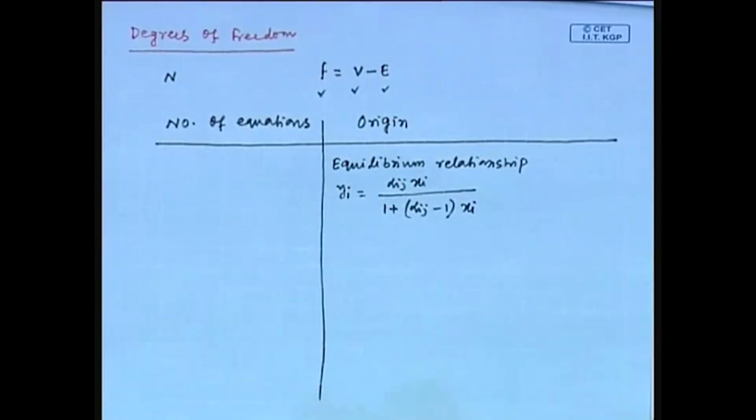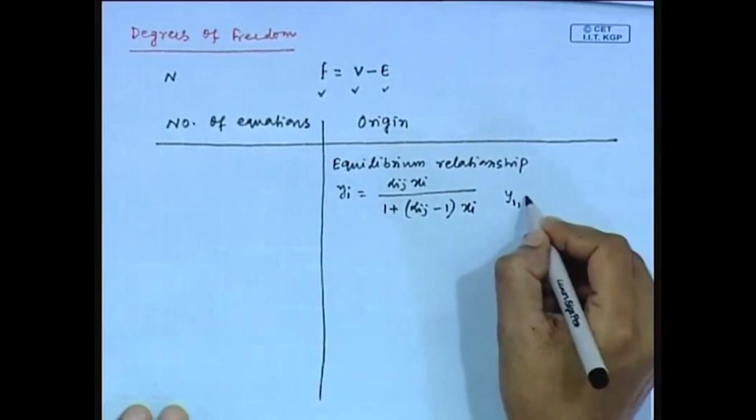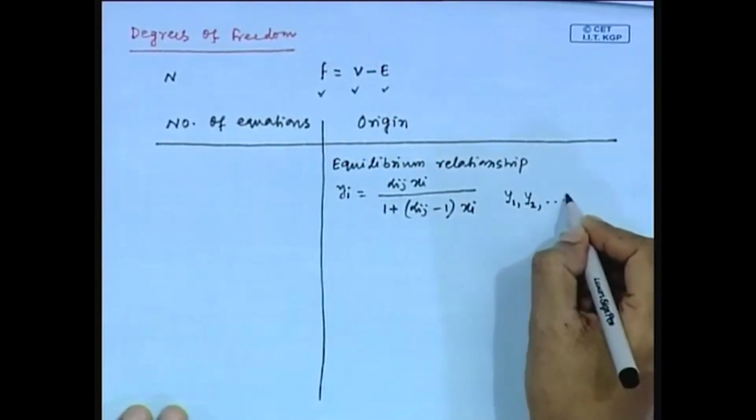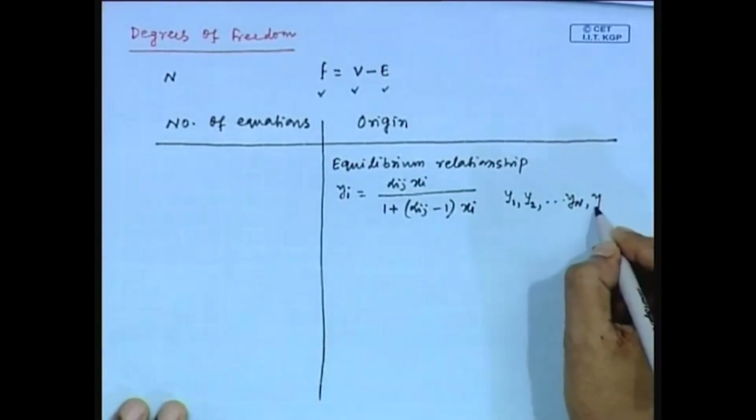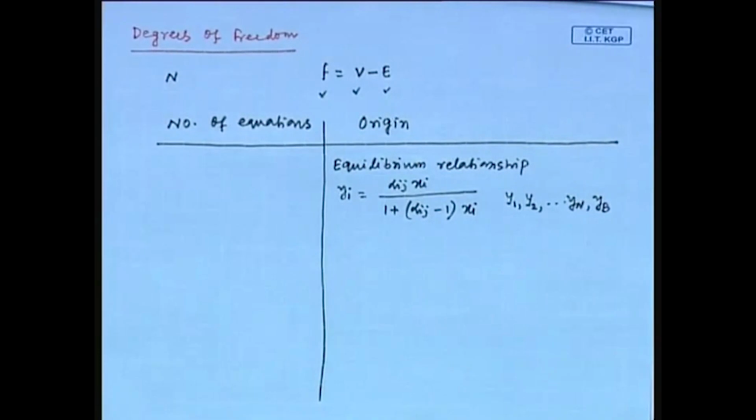Fine. So, how many y we need to calculate? How many y are involved in the distillation model? y1, y2, yn, another y is involved, that is yb, the composition of boiled up vapor.